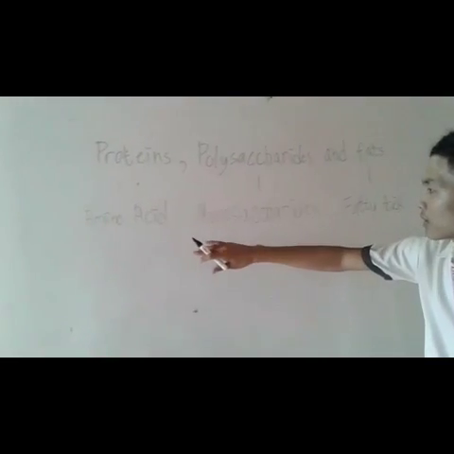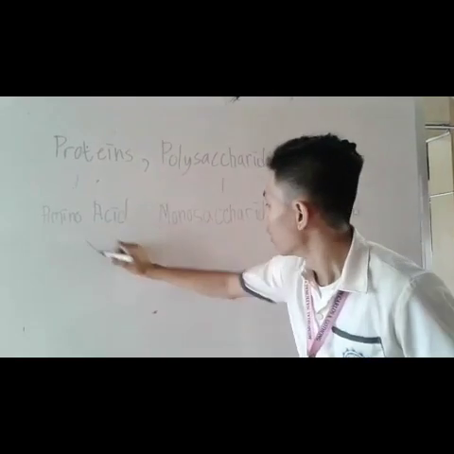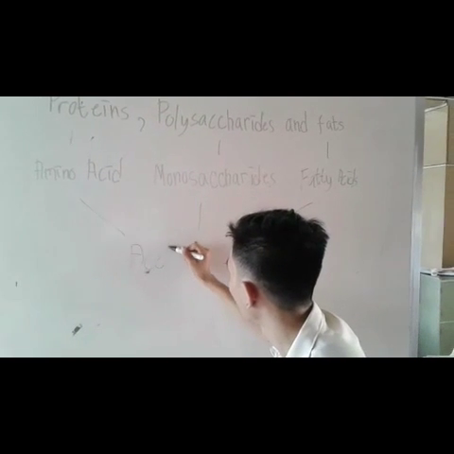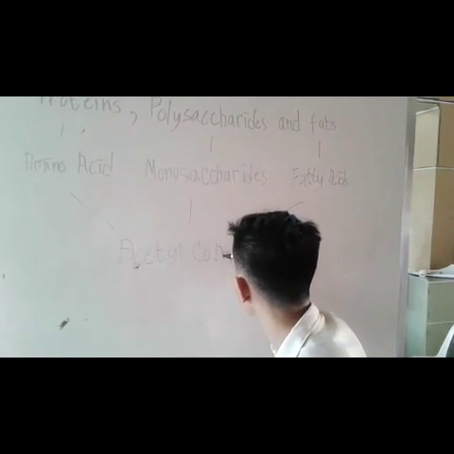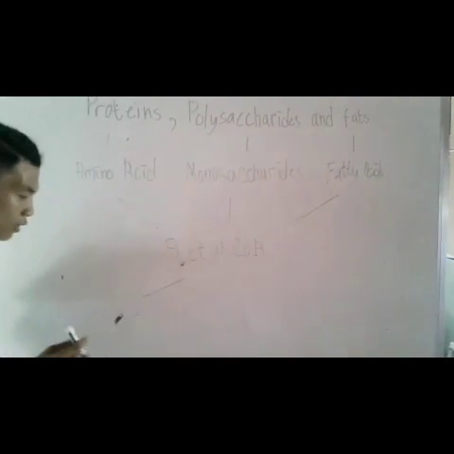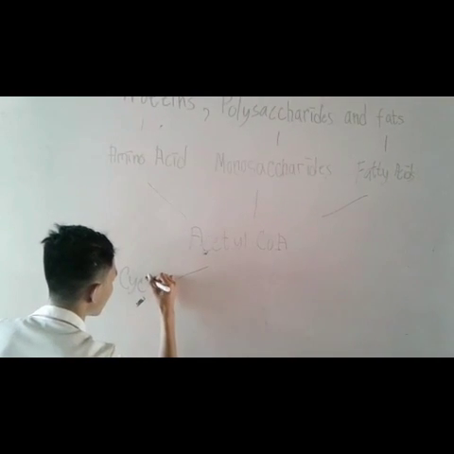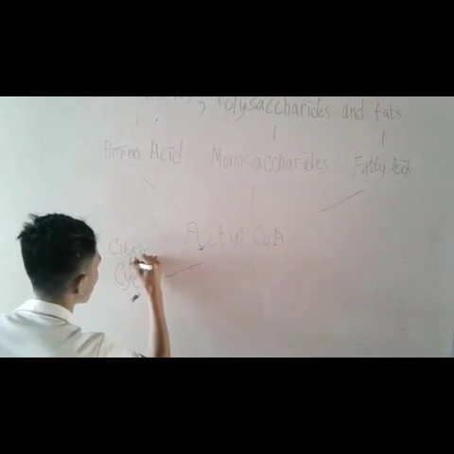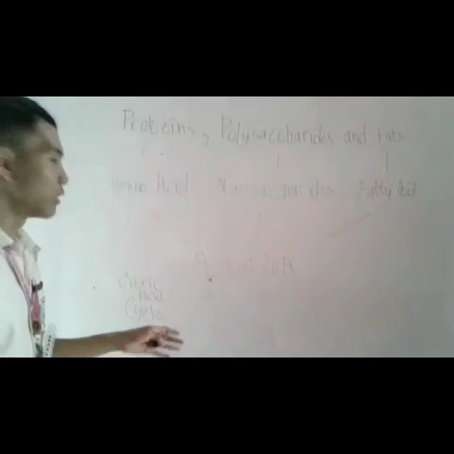These three are the requirements to produce acetyl CoA. Through the acetyl CoA, it will go down to the citric acid cycle. And so that's all.